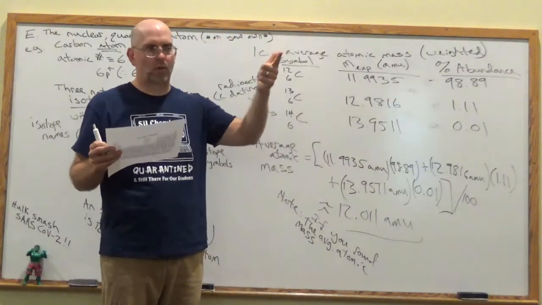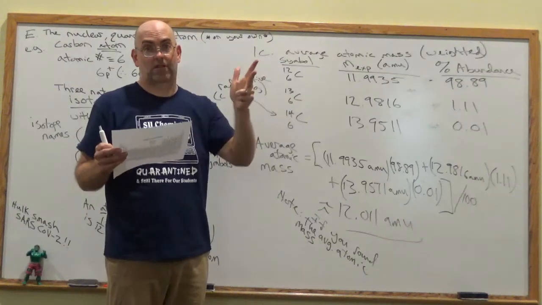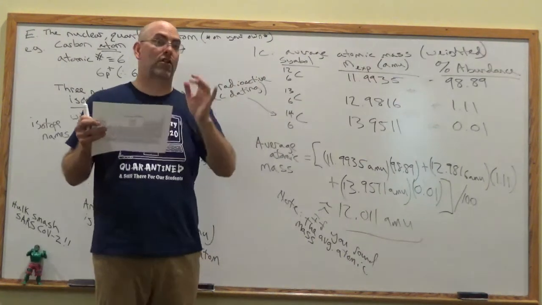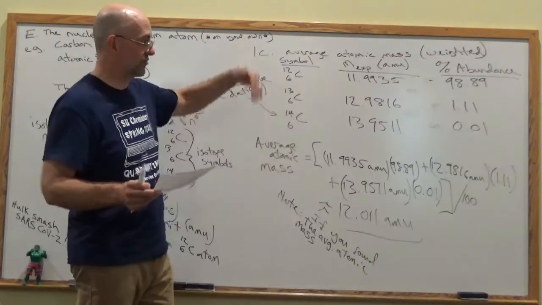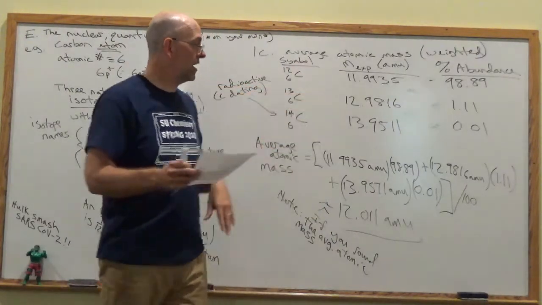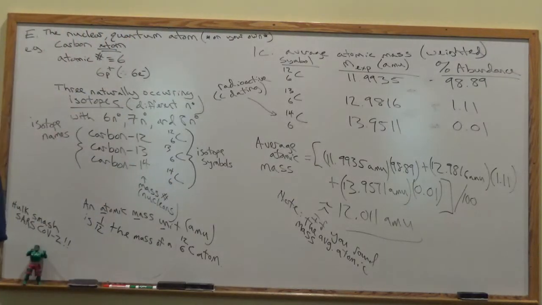The atomic number is what it is. So you can get the protons, the electrons, and the neutrons directly off the periodic table for the most abundant isotope. To calculate the average atomic mass, to go the other direction, I would have to give you this information. So that's something I'm going to expect you to be able to do.